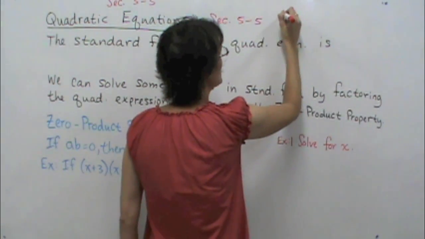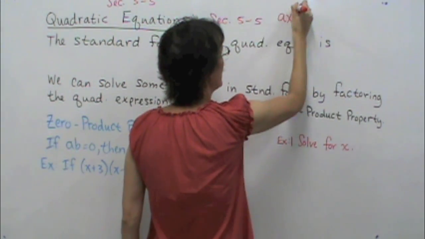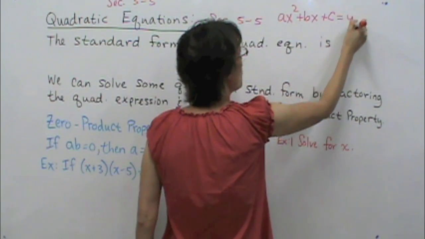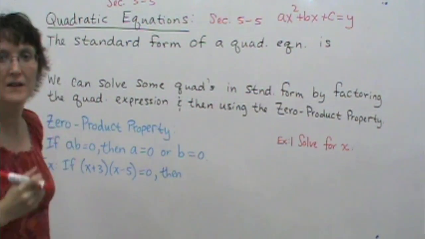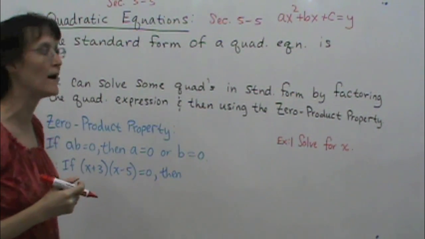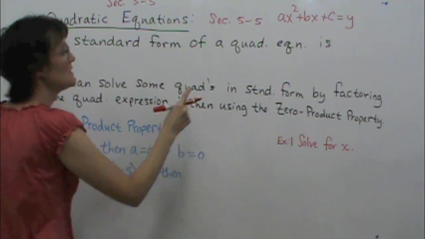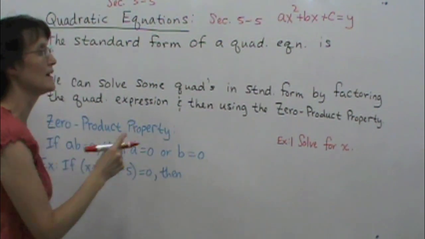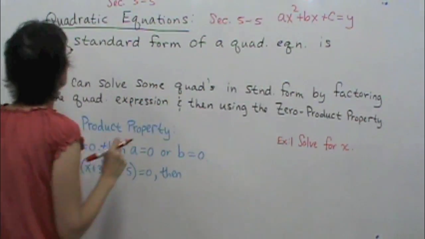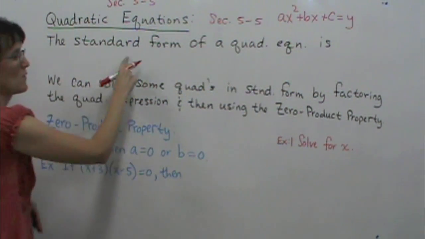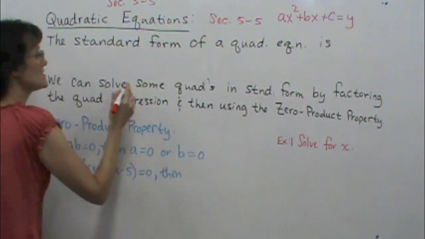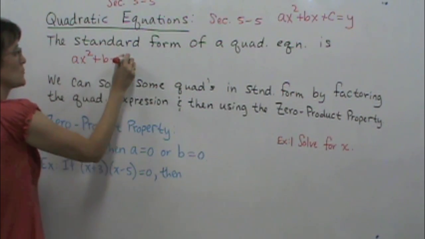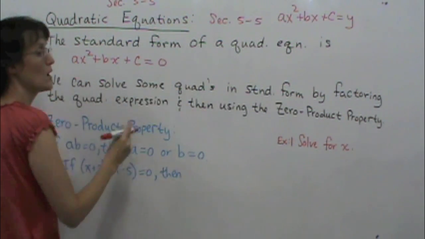The standard form of a quadratic equation is ax squared plus bx plus c is equal to y, because we can graph these as well. So that's the equation for any quadratic. Again, the highest degree is a 2. All right, so the standard form of a quadratic equation is ax squared plus bx plus c is equal to 0.